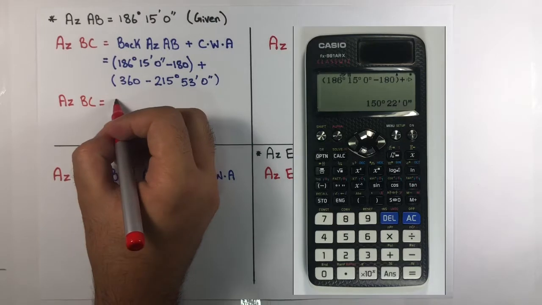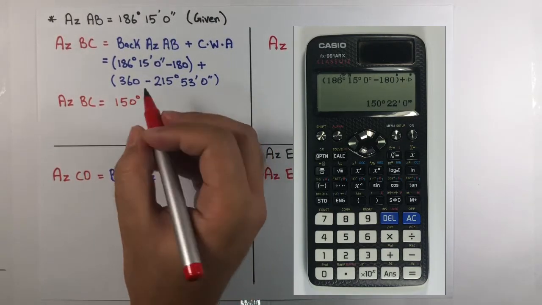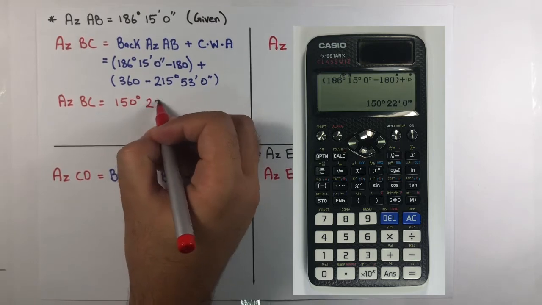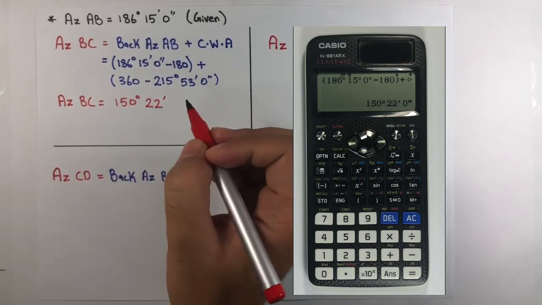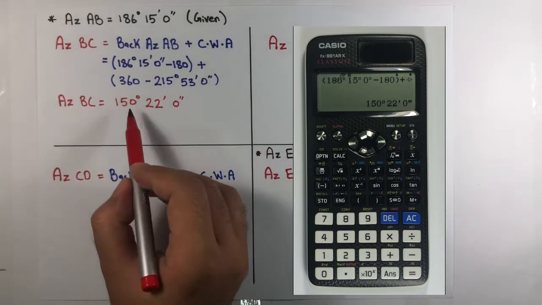So we'll get here 150 degrees, 22 minutes and 0 second. This is the azimuth of BC.